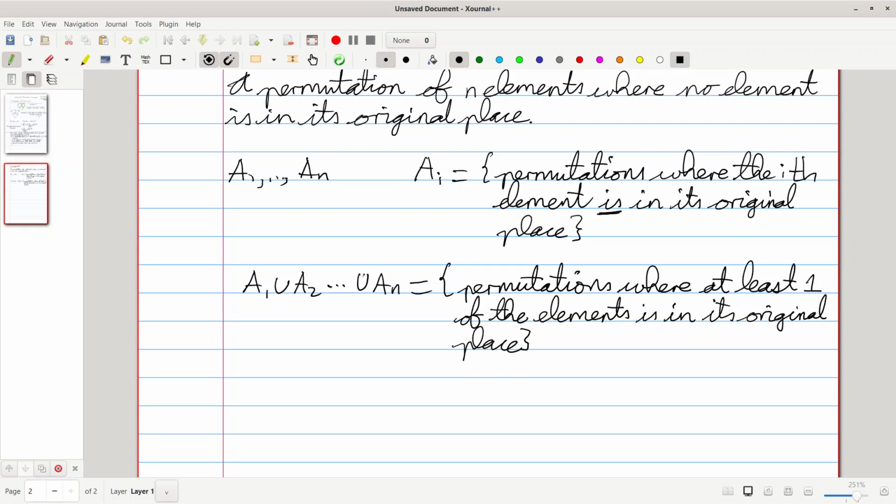I'll say that again. The permutations where no element is in its original place, what we actually want, I'll just write that as a question mark, is equal to all permutations minus this union, A1 union A2 union up until An.